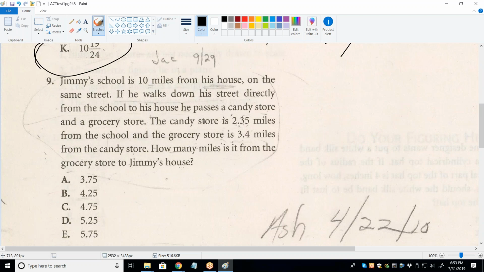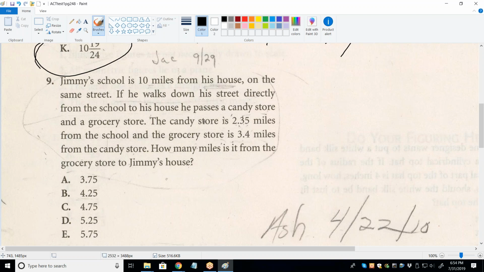All right, number 9. What should we do on number 9? Go ahead and read it and tell me what the first thing that comes to your mind is as what we should do to solve it. Yeah, draw a picture. Okay?